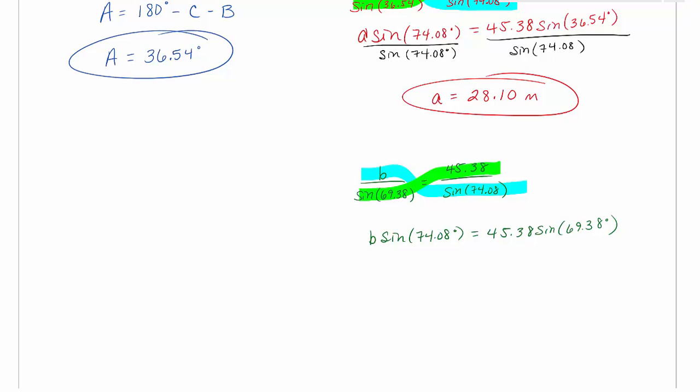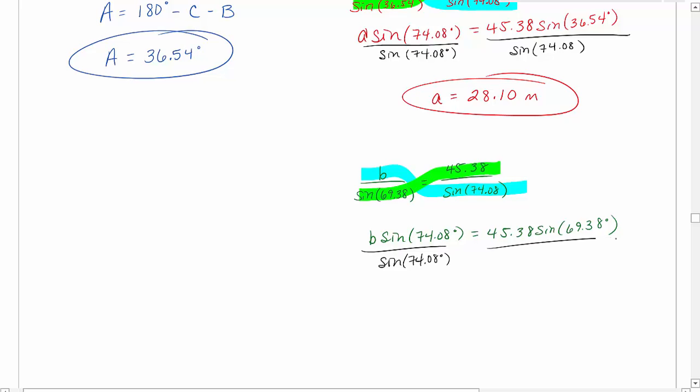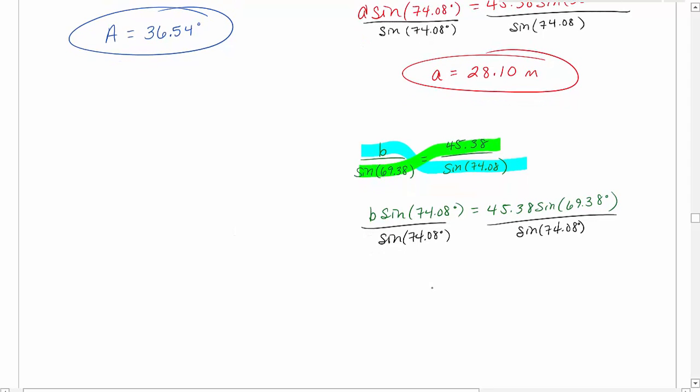And we'll divide to find B. Rounding to the nearest hundredth, we get B to be 44.17 meters.